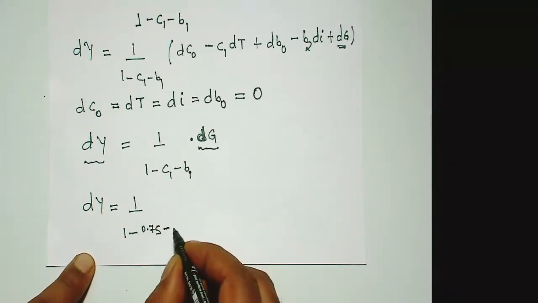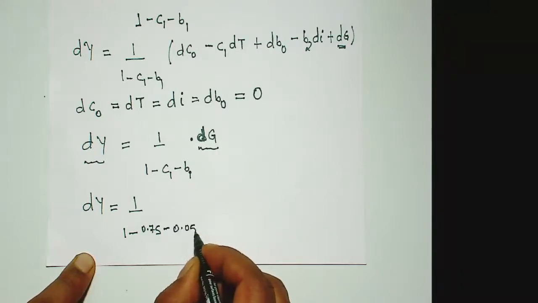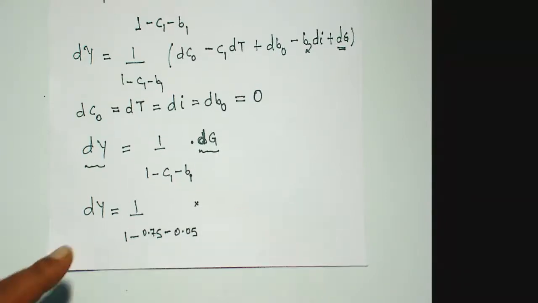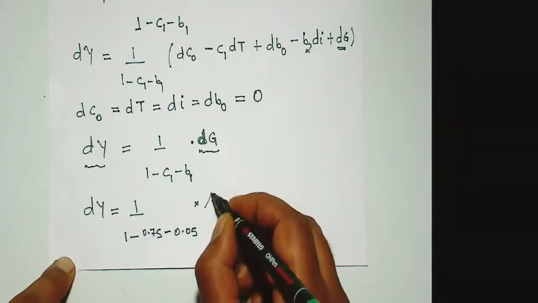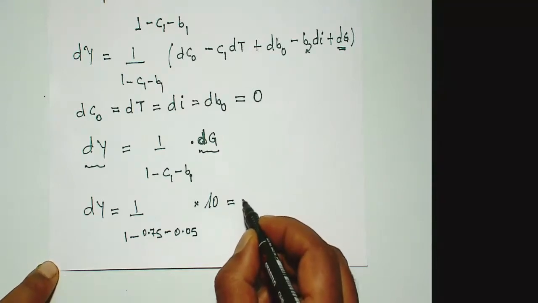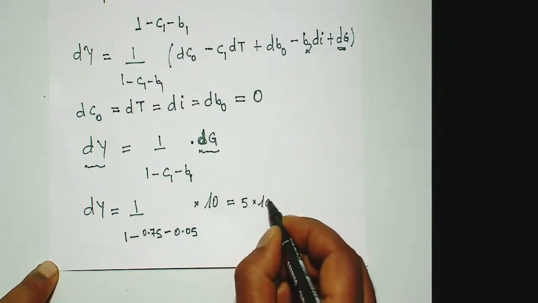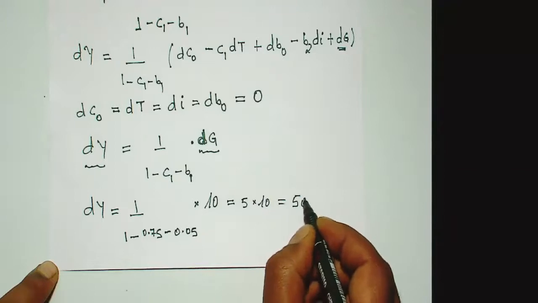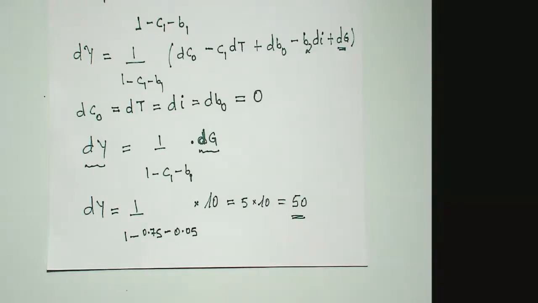And b1 from our table is given to be 0.05, and we are saying that if our government expenditure changes by 10 units, that is to say our dG is equal to 10. So this would give you all in all 5 multiplied by 10, which would be 50 units.